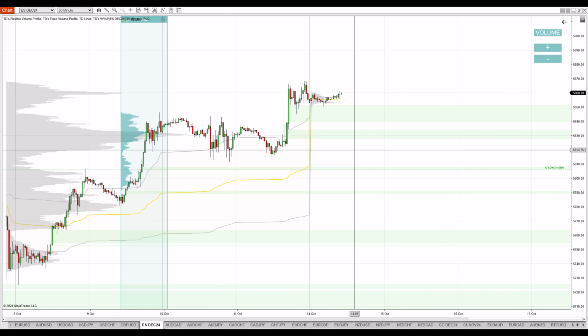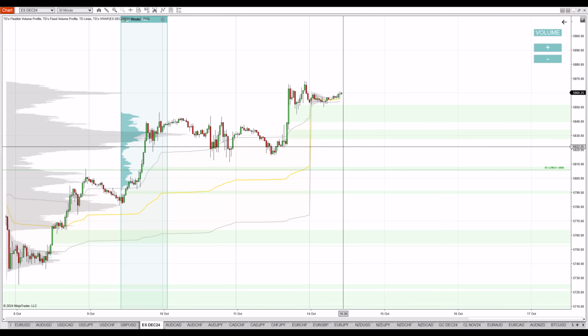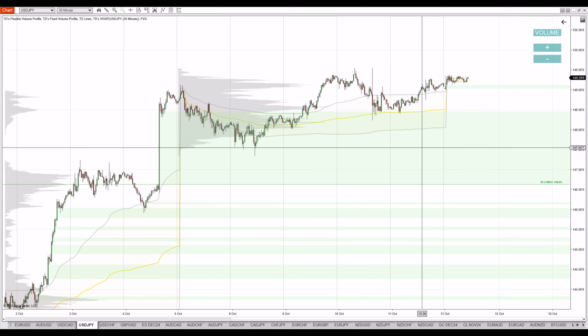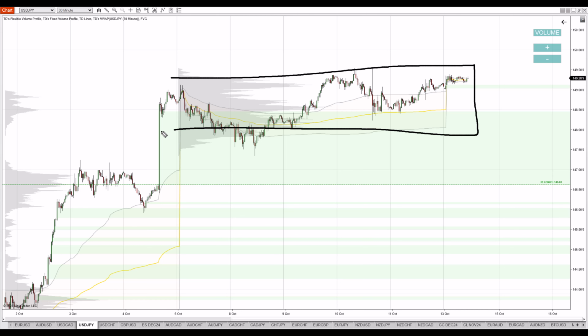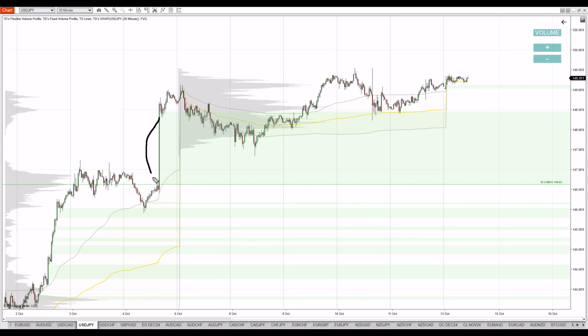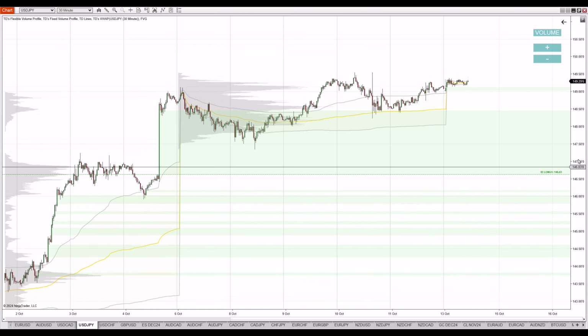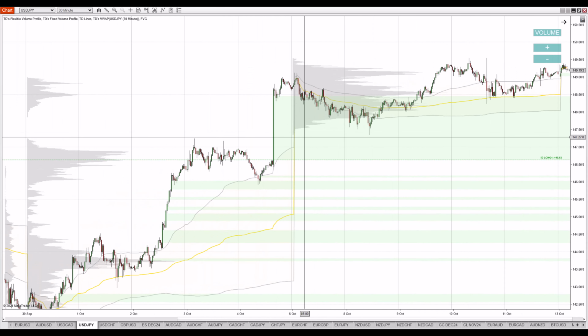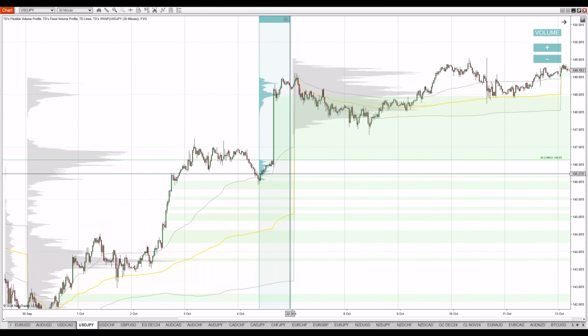The next one will be a level on the US dollar Japanese yen. So this is the US dollar Japanese yen. As you can see, in the last week there wasn't really that much to trade because there was a rotation, but before that there was this very strong and aggressive buying activity caused by macro news, and before that there was a heavy volume zone.